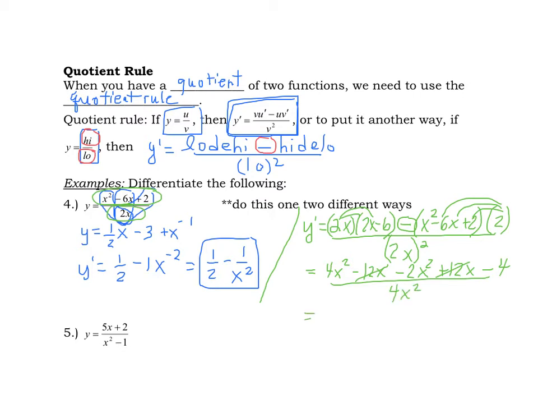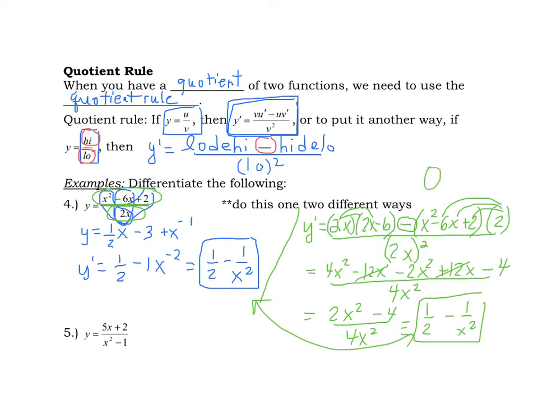If I simplify this, I'm going to have 2x squared minus 4 all over 4x squared. And notice that if I were to simplify this, I get the same thing as before. Okay, so over here, this is the quotient rule, which does not require us to simplify.